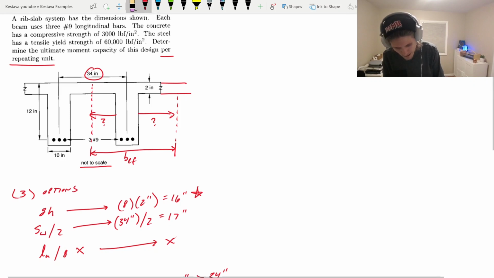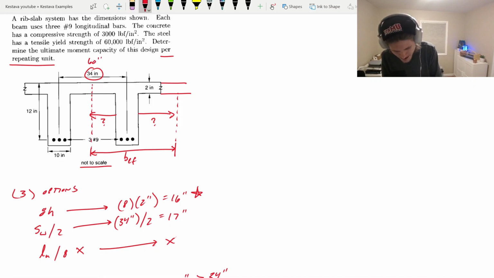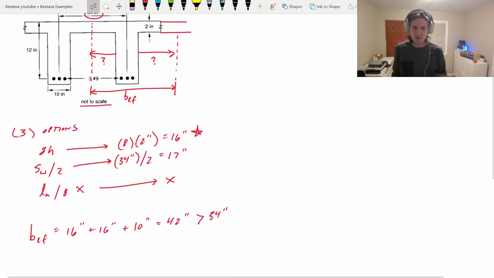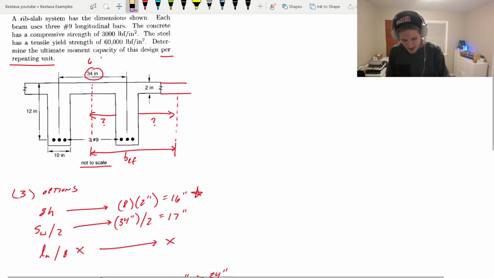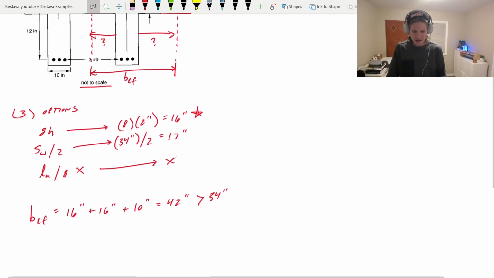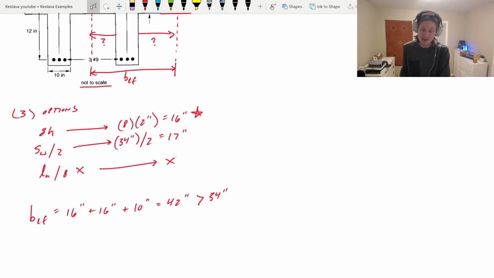If the webs were 60 inches apart, we couldn't use that 60 inches. The maximum we could use would be 42 inches. But in our case, we are spaced at 34 inches. So obviously, we can't use 42 inches because all that's there is a maximum of 34 inches.